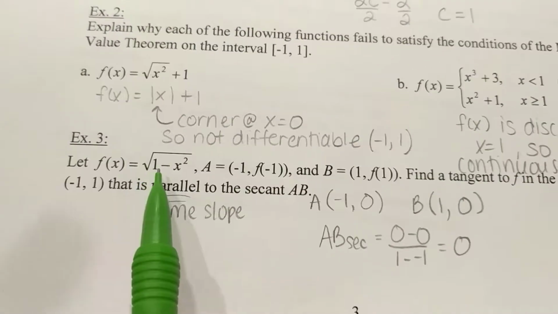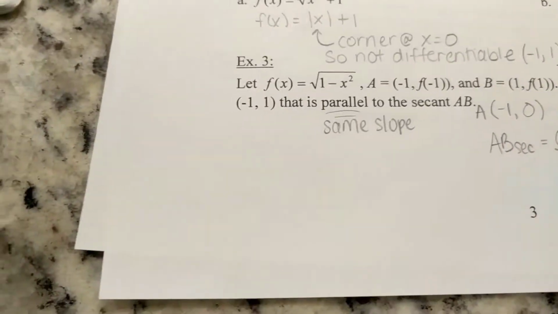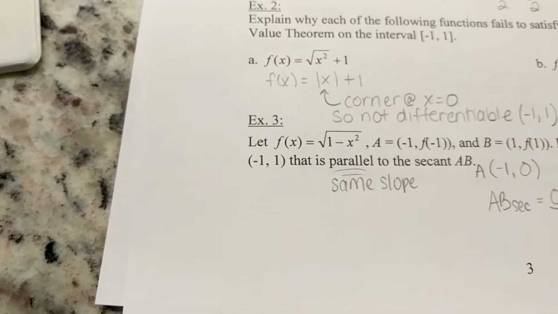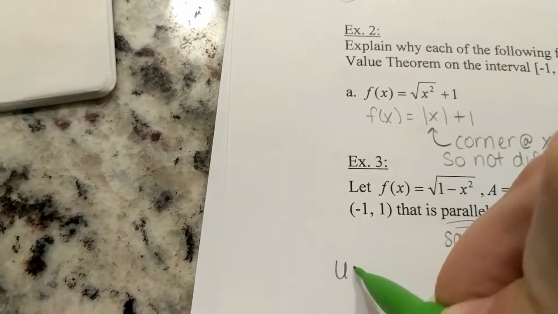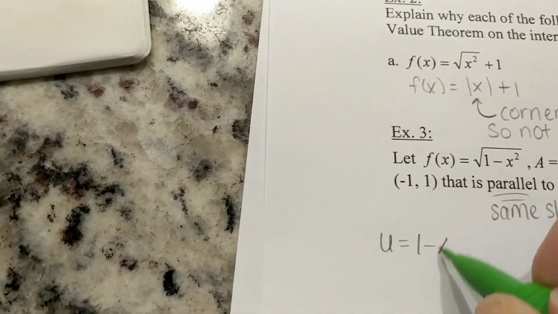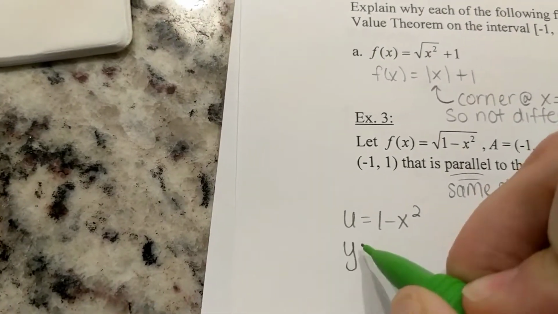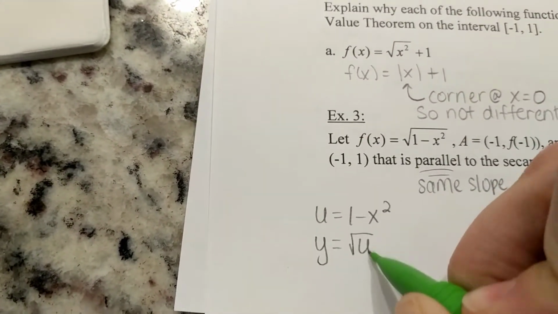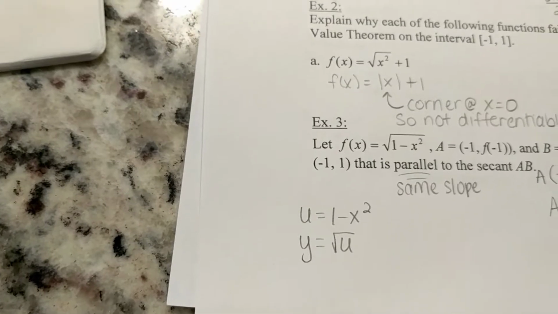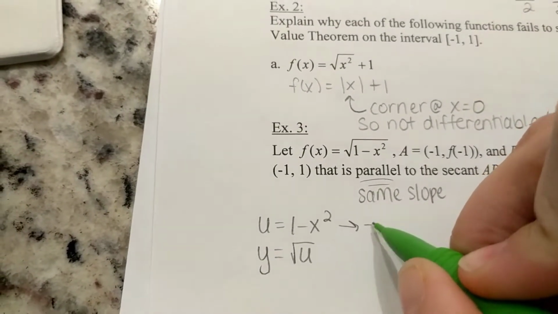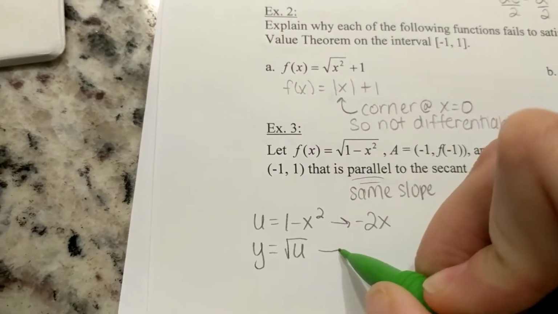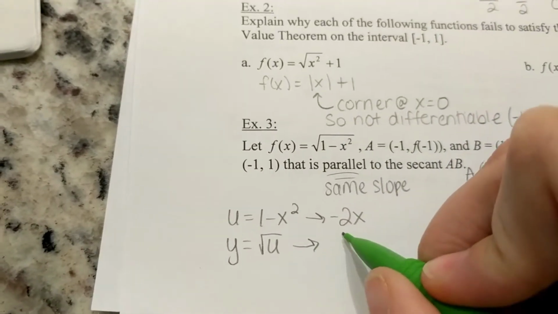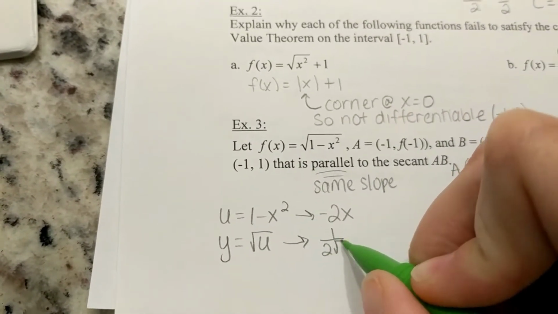So this one is a chain rule. So if I'm going to find the slope of the tangent line, I have to use the chain rule. So u is 1 minus x squared. And my outside function is square root of u. So the derivative, I get -2x. And this one I get 1 over 2 square roots of u.